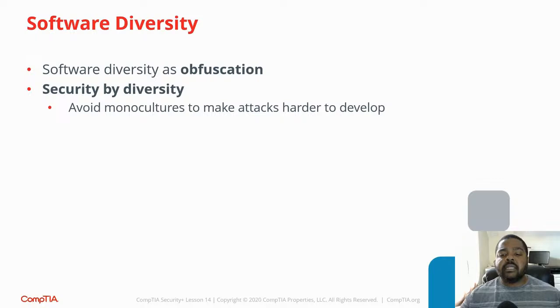The reason why is that when you are just one shop, let's say everybody is on Cisco devices, and then the company comes out and says, hey, all of our devices are vulnerable to a remote code execution vulnerability, it's a very critical vulnerability, and for right now we don't have an answer for it.